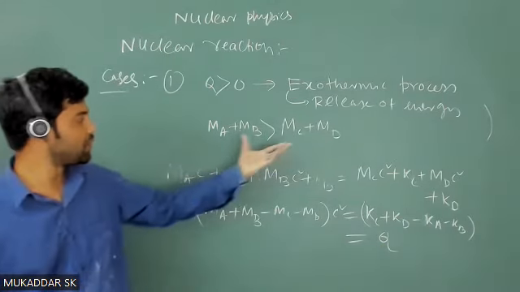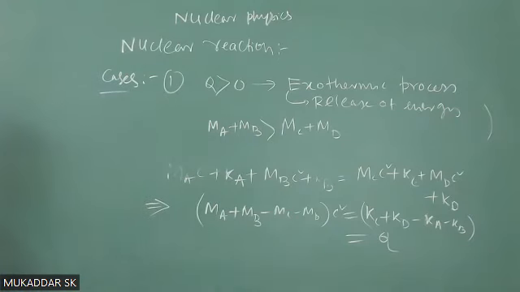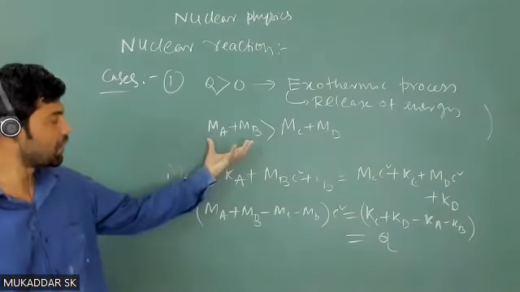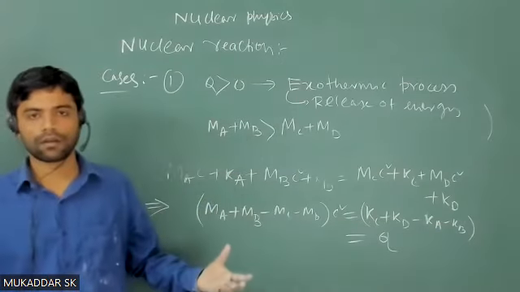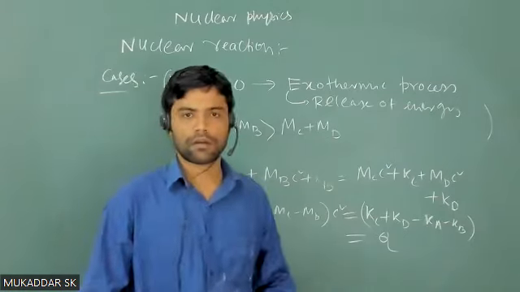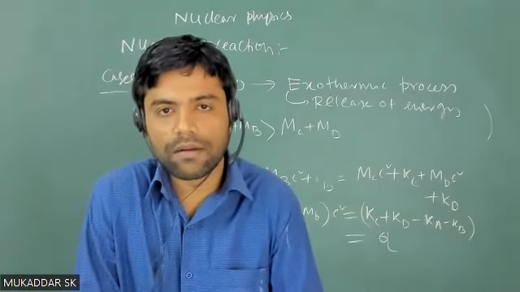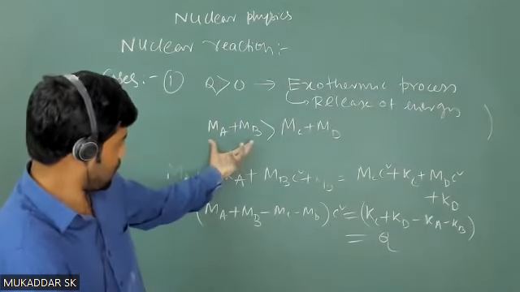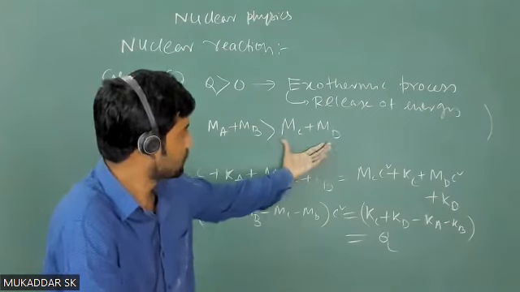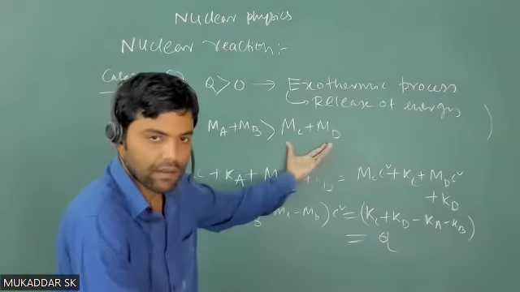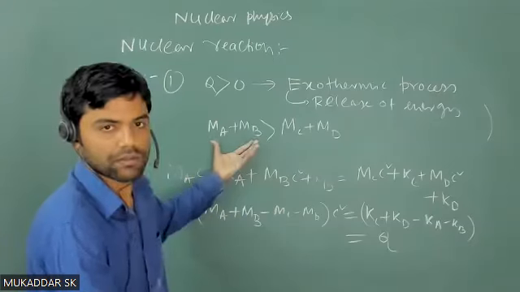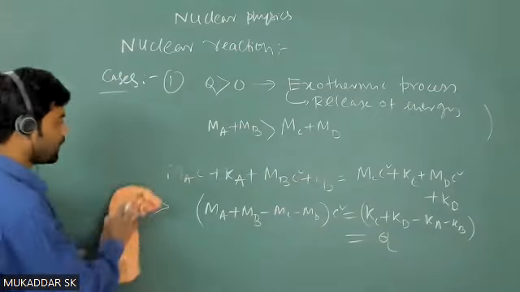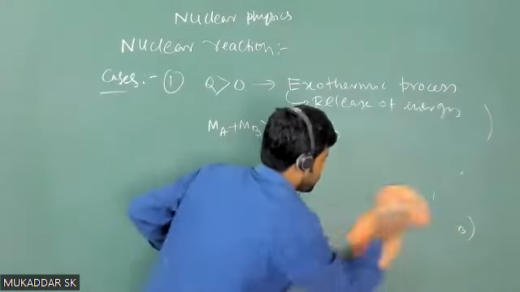So what is happening in an exothermic process? Some of the mass of the reactant is converting to kinetic energy of the product, right? So here you see there is mass loss. Initially this much mass was there, and in the final product the mass of the reactant is more than the product. What does this mean? There is a loss of mass in that process, and that loss is happening because some of the mass is converting to energy, and that is kinetic energy.